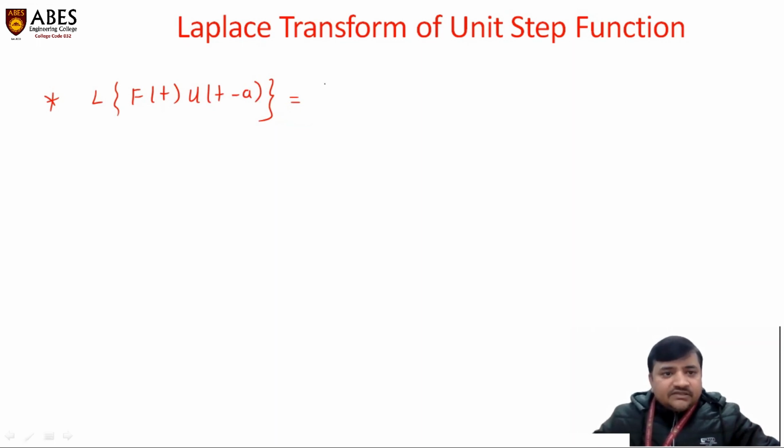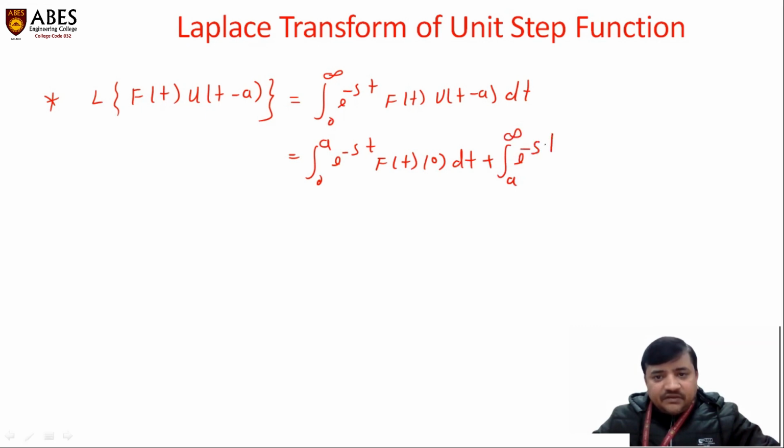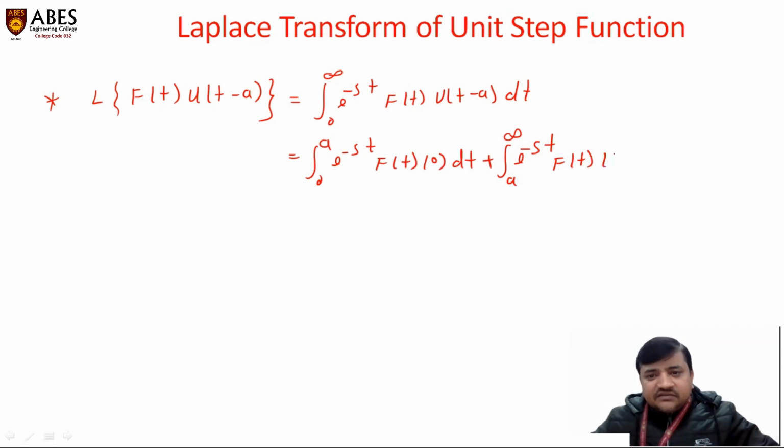It may be written as integral 0 to infinity e to the power minus st f t u t minus a dt. It will be equal to 0 to a e to the power minus st f t, and the value of u t minus a in this interval will be 0, plus a to infinity e to the power minus st f t, and the value of u t minus a in this interval will be 1.